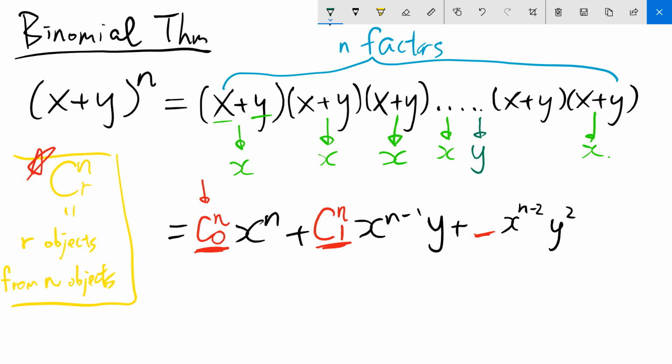That means 2 y's and n minus 2 x's. So again, make use of nCr. We choose 2 factors for the y and n minus 2 factors for the x out of totally n factors. So here's nC2.